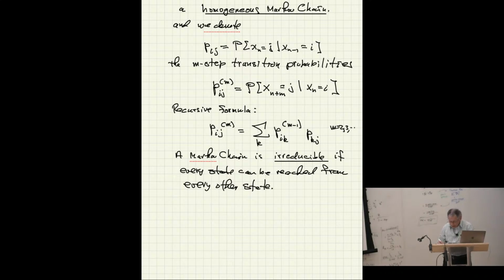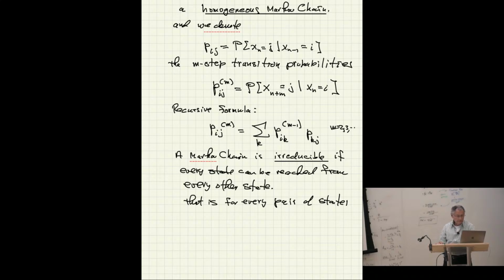So another way to say this is, for every pair of states, in the example, what is a state? A state is a city. I don't mean to play with those words. The city you're in is the state you're in.